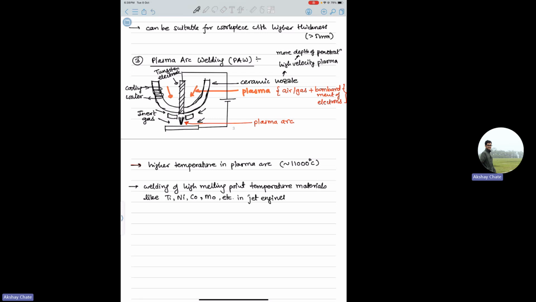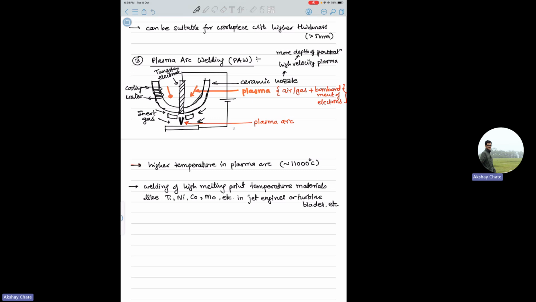So these are some peculiar applications: jet engines or turbine blades. These are very high temperature applications.